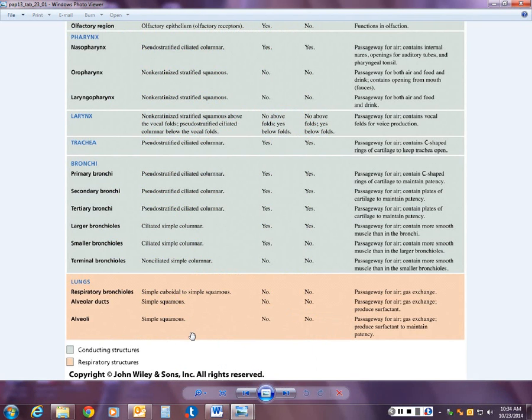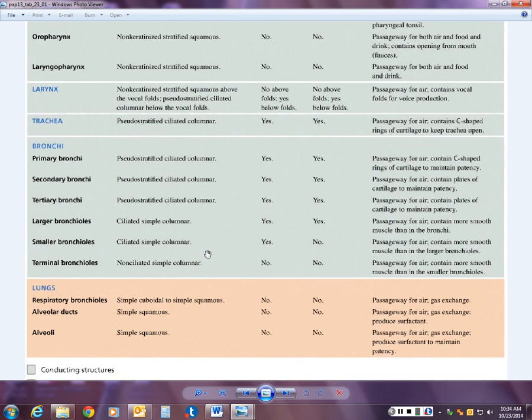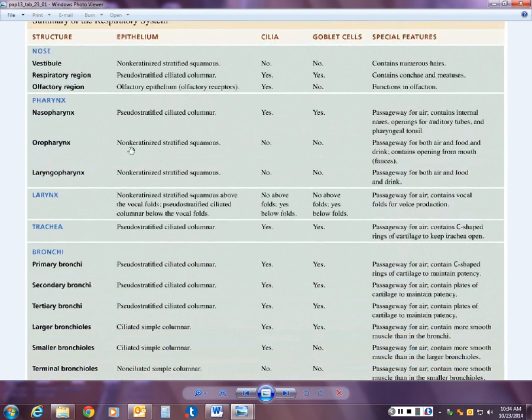Now, having made mention of the fact that the walls of an alveolus are lined by simple squamous epithelium, I need to mention the second major structural change that occurs as you proceed from larger to smaller airways. Previously, we talked about the amount of cartilage decreasing while the amount of smooth muscle increases. Well, now we need to take a look at the epithelial lining, seen here in the second column.